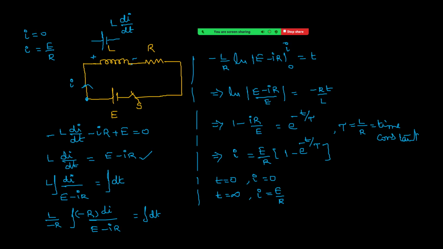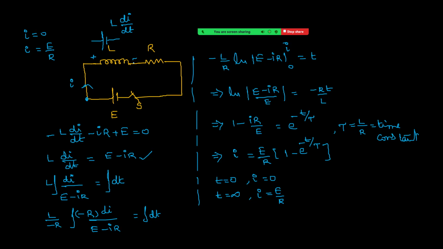Since there is no fluctuation of current, the inductor has no role. Already we have discussed that the role of an inductor is to oppose change in current, but not flow of current. So after a long time, current is reaching a steady value. Therefore, the inductor is just like a conducting wire, and you can neglect it. So it is only E by R.